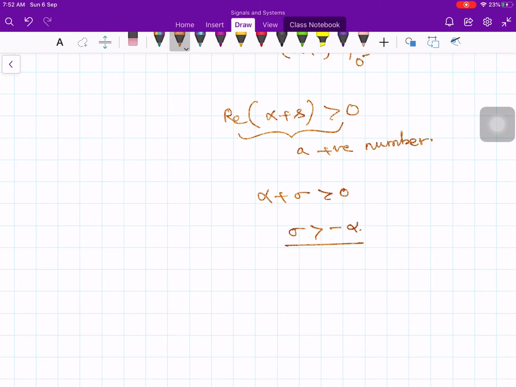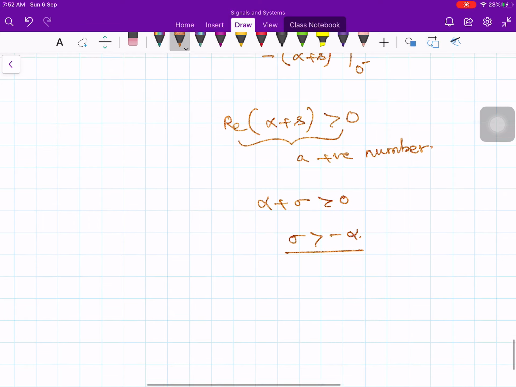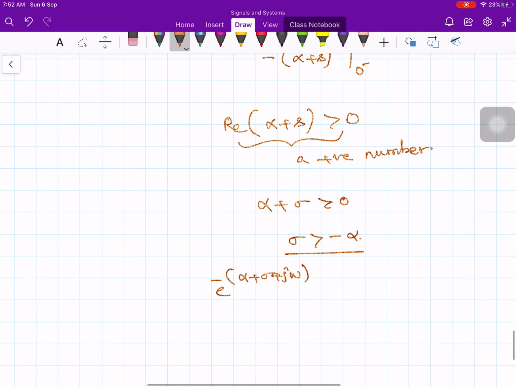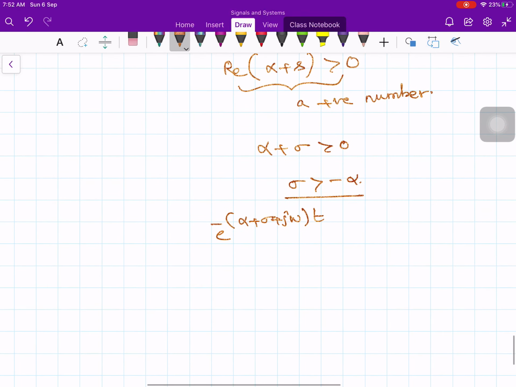So as t goes to infinity, then what happens? e to the minus of alpha plus sigma plus j omega t, maybe I will write down here. See, e to the minus alpha plus s times t divided by minus of alpha plus s, and the limit is 0 minus to infinity.